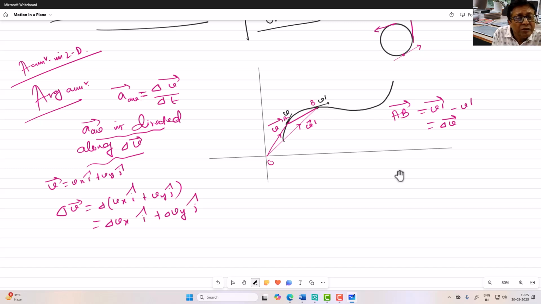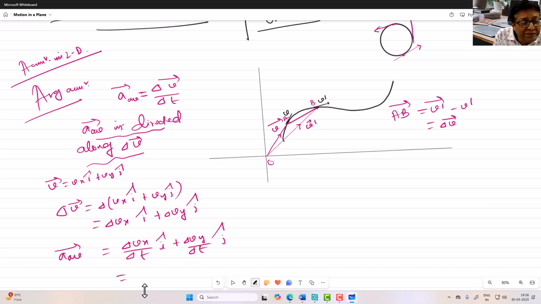So if we write A average, this will be delta Vx by delta T i cap plus delta Vy by delta T j cap. This is average acceleration, Ax i plus Ay j.